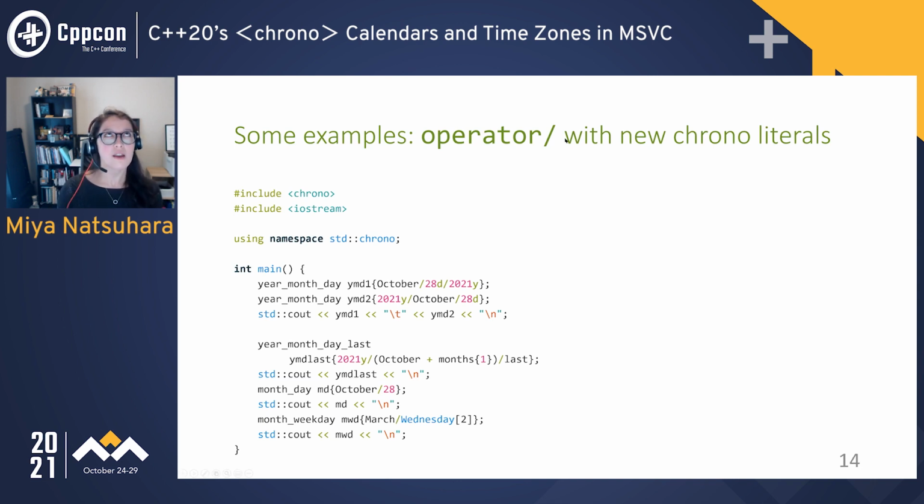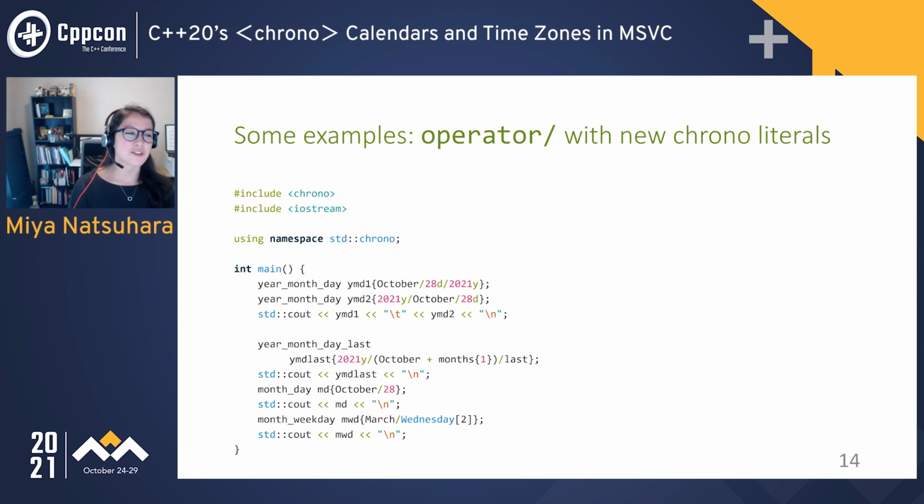There are a ton of operator slash overloads in chrono that it adds, because fairly often you're writing your dates out with either month, day, year with those slashes in between, as we have here, or maybe year, month, day, if that's more your style. So we can make a lot of different dates in these compound types with operator slash. Pretty much every combination that you could reasonably want already exists.